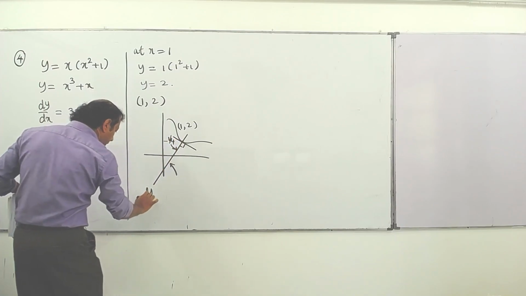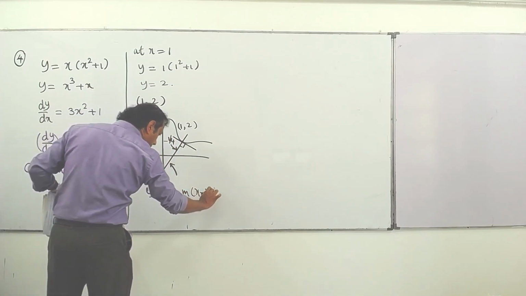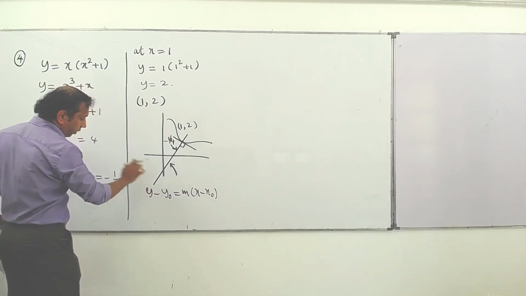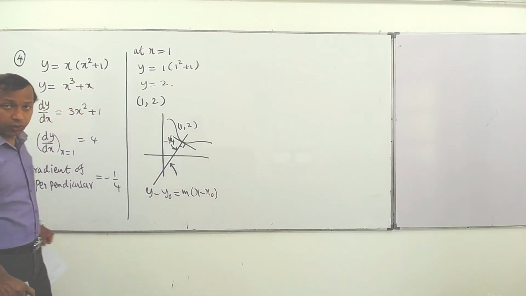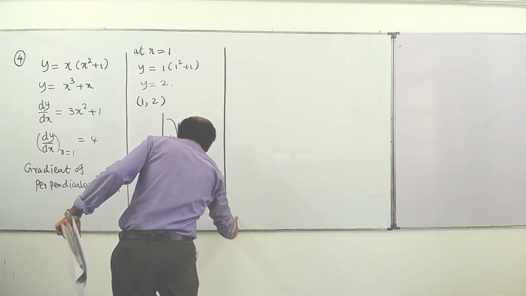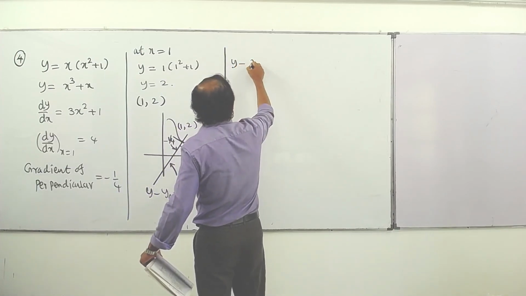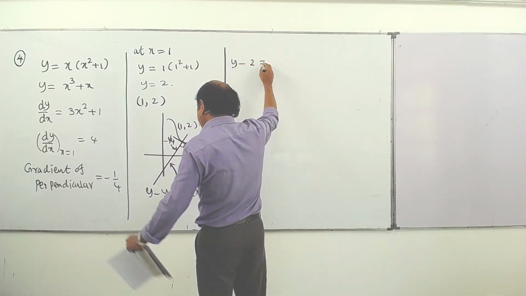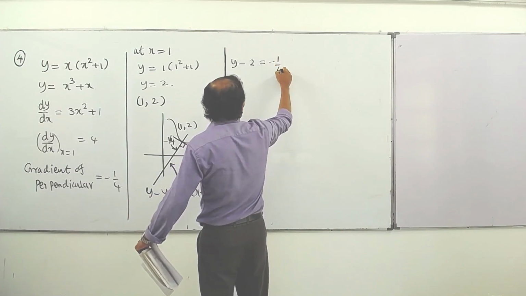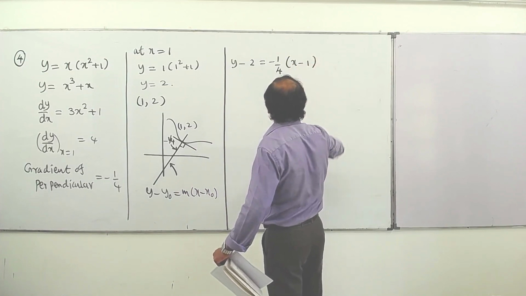Then using y minus y naught equals gradient times x minus x naught, you can find the equation of this perpendicular. Okay. Then we get y minus y naught is y minus 2, gradient is minus 1 over 4, x minus x naught is x minus 1.